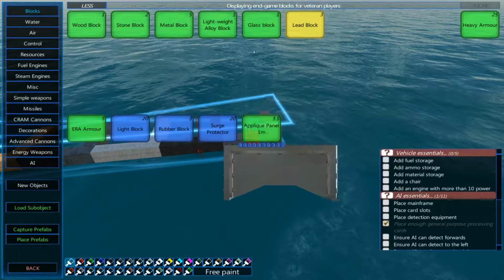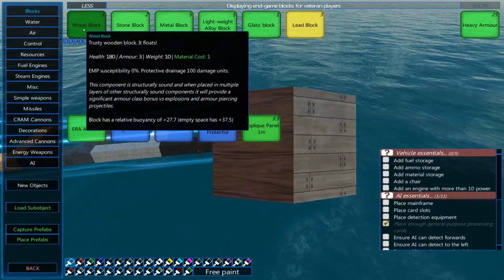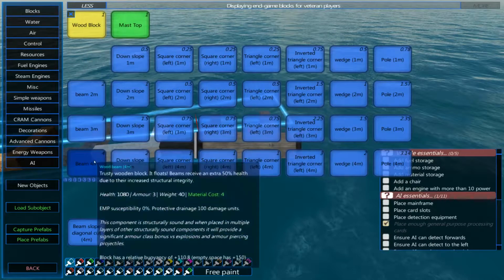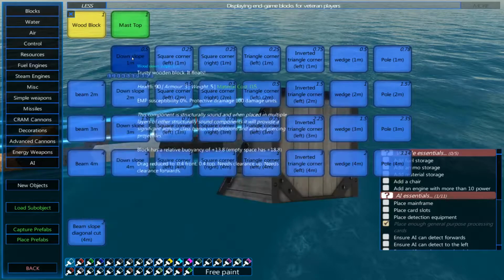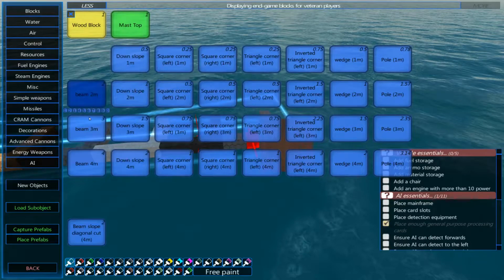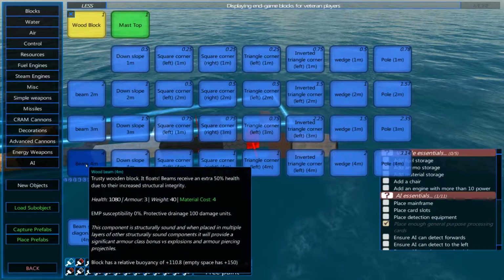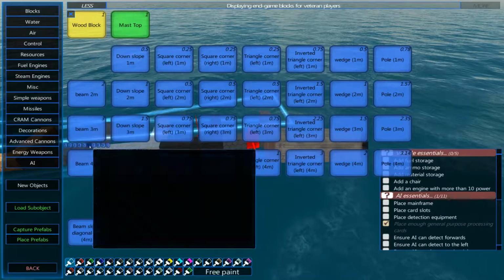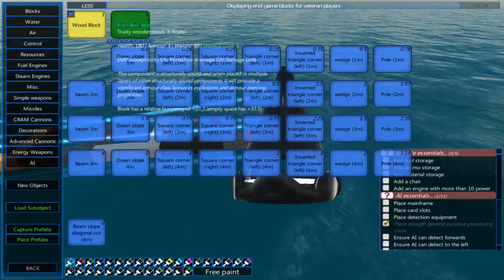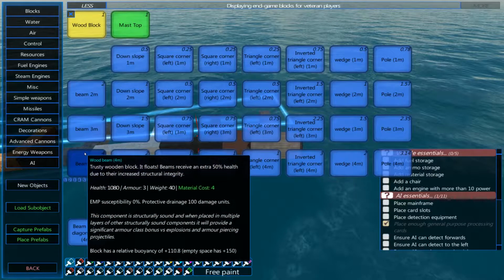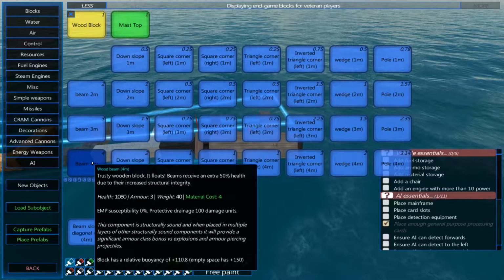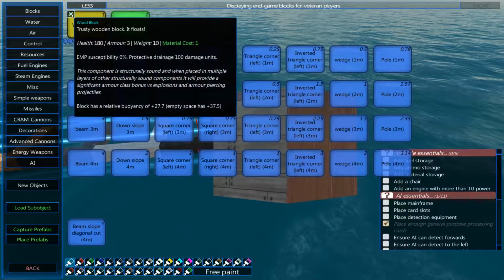And then you have some things. One thing I want to note is that all of these come in sizes. I would heavily suggest using things like the 4 and 3 beams, because a normal block will have 180 health, whereas a wooden beam for 4 meters has a health of 1080.